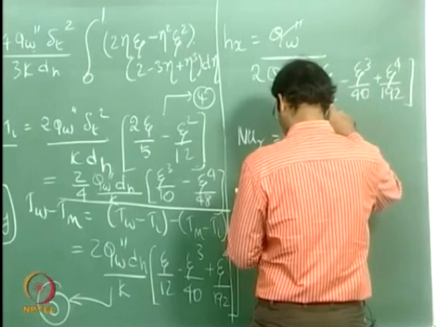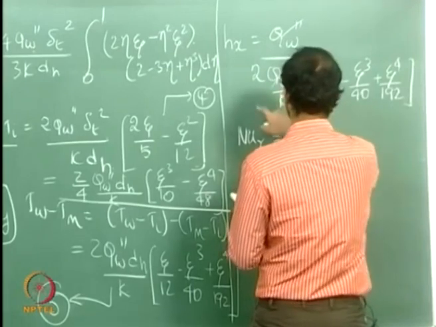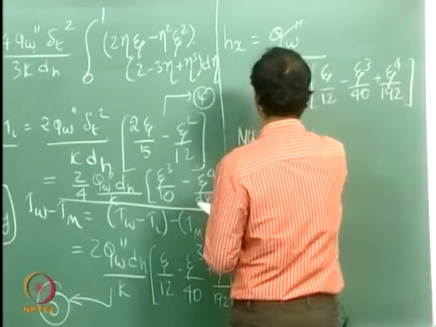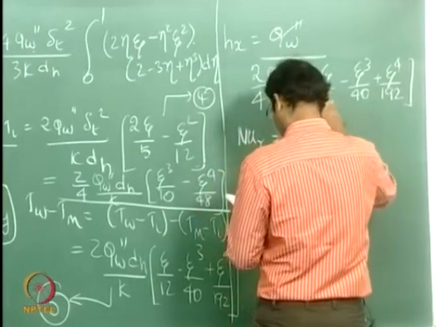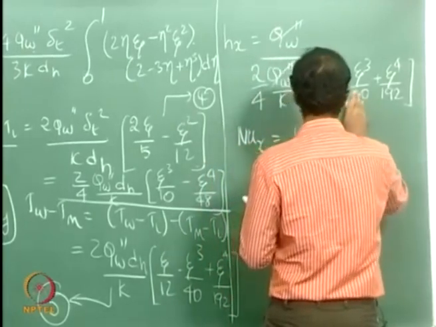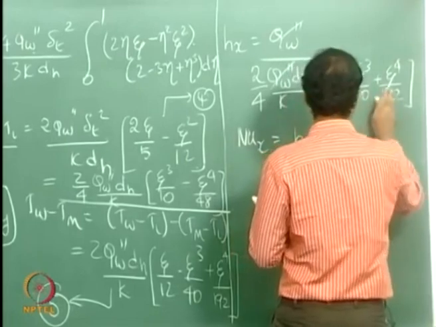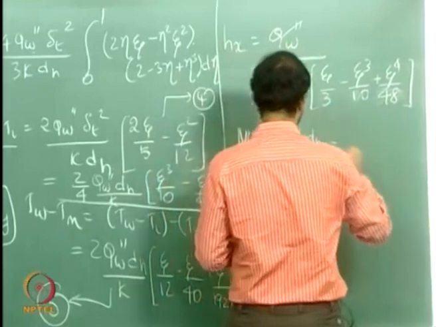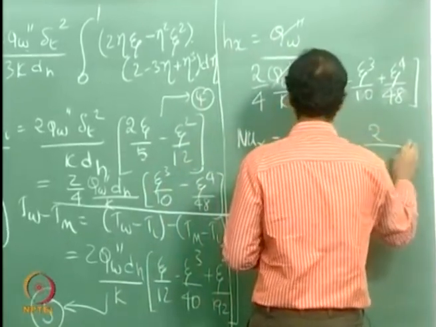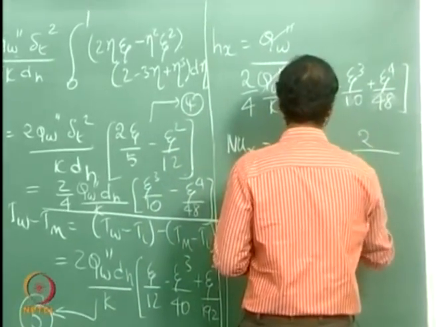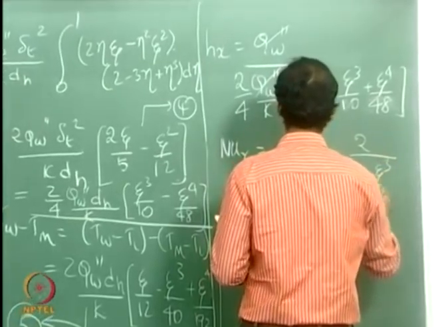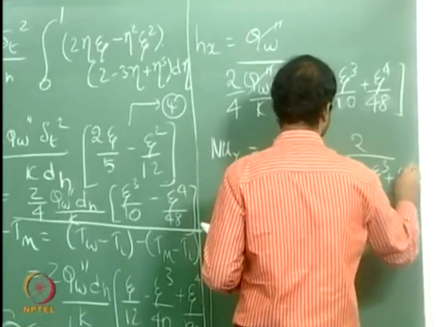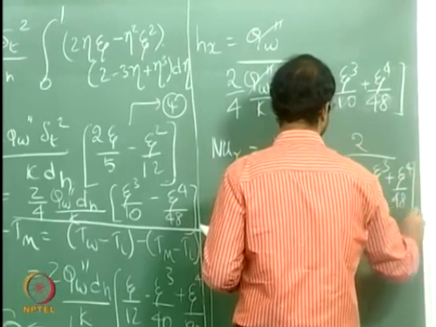I can write this as 2 by 4 and I can make it 1 by 2 here, so that this becomes 3, 10 and 48. So therefore this becomes 1 by 2 and goes to the numerator. This becomes 2 by zeta by 3 minus zeta cube by 10 plus zeta power 4 by 48.